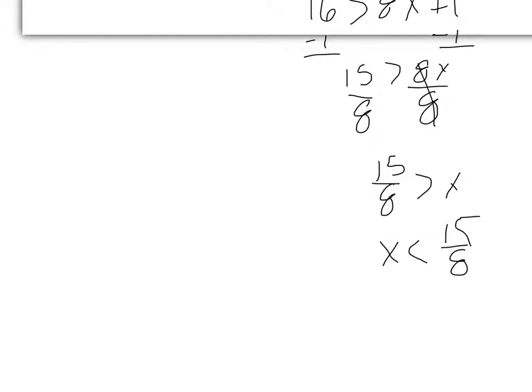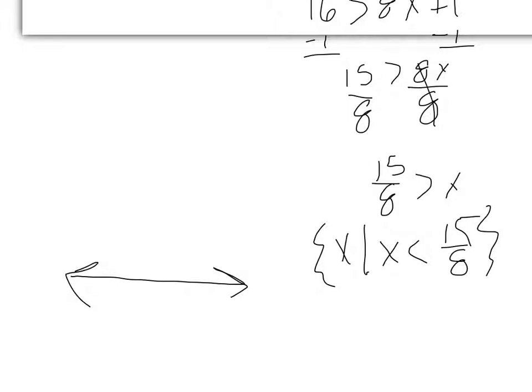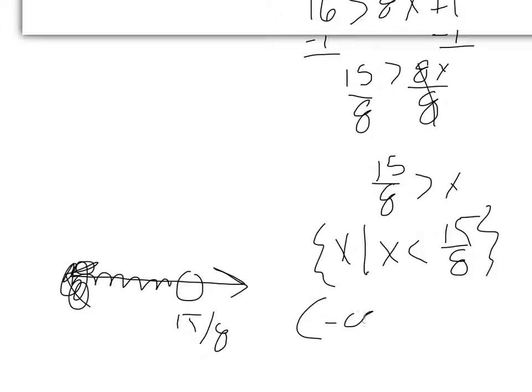Now to put this in set builder notation, put a line between x and the scribble. To put it in interval notation, we can draw our solution set. That's 15 eighths. Now I'm putting an open circle because we have less than. We're less than that, so it's everything over here. So when we think about the interval, reading from left to right, this is the interval that goes from negative infinity to 15 eighths.